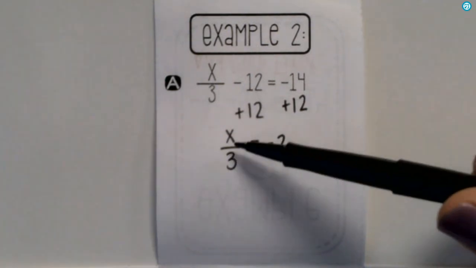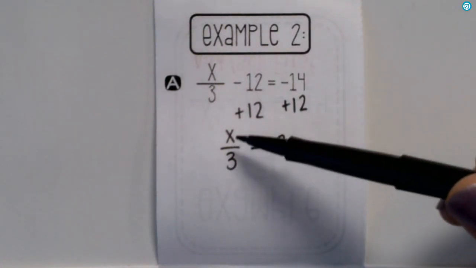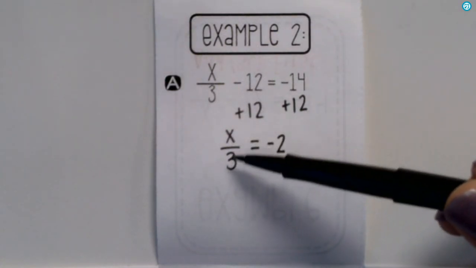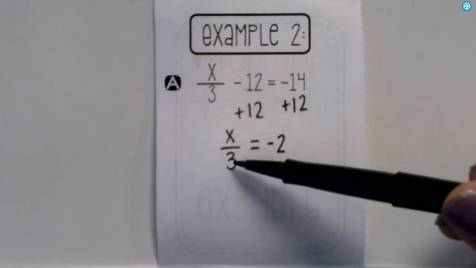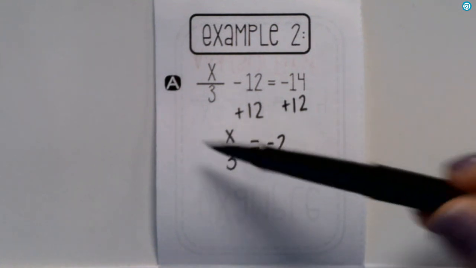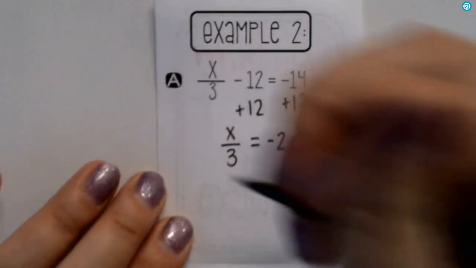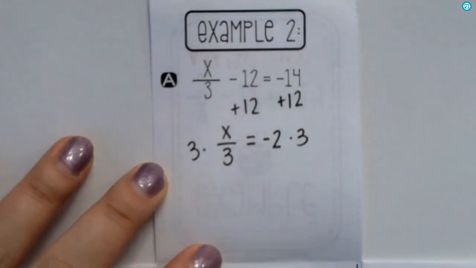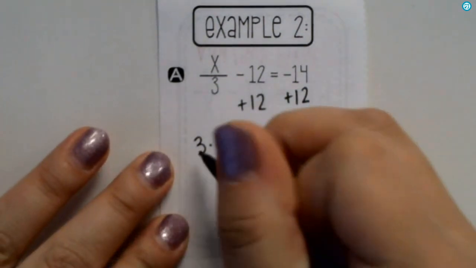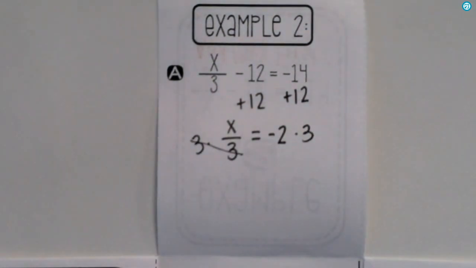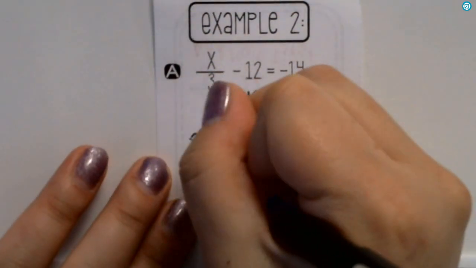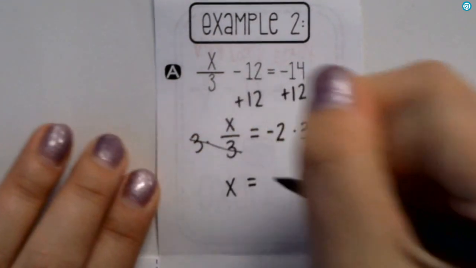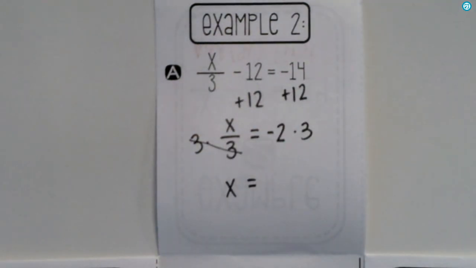When we have a fraction here, x over 3 means x divided by 3. The opposite of dividing is multiplying. So we're going to multiply both sides by 3. When we multiply by 3 on the left, what we're doing is canceling those out. So now we just have x on the left equals negative 2 times 3, which is negative 6.